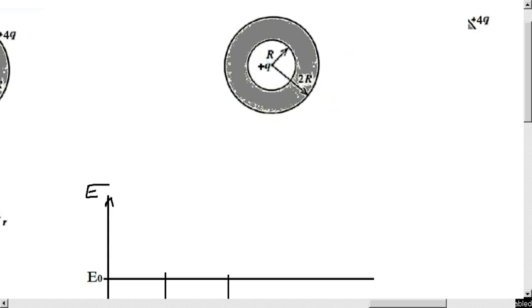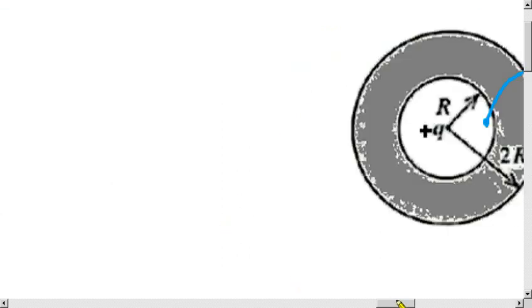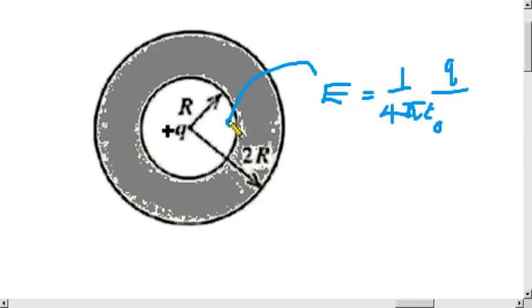Previously we did it, therefore I don't explain much. We take the field intensity here, E equals 1 over 4 pi epsilon naught, the charge is Q. To this point the distance is capital R. We are considering this point very close to the inner surface, so the distance is R from the center, and R is squared in the equation.